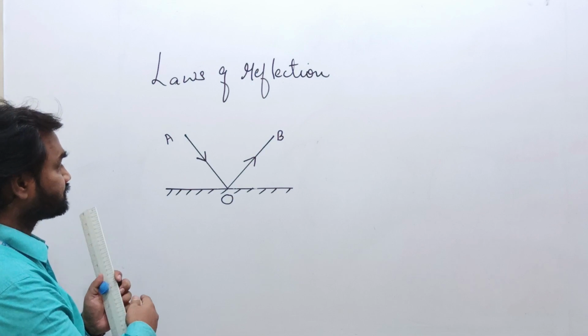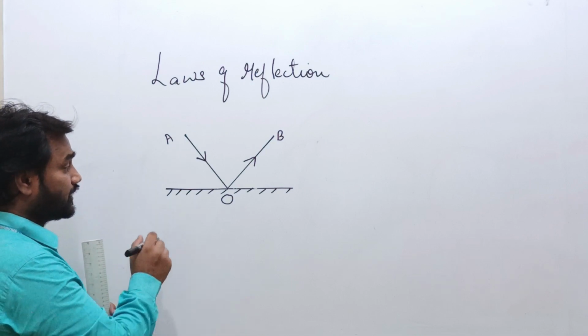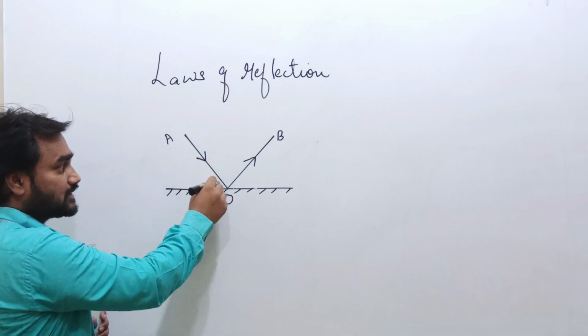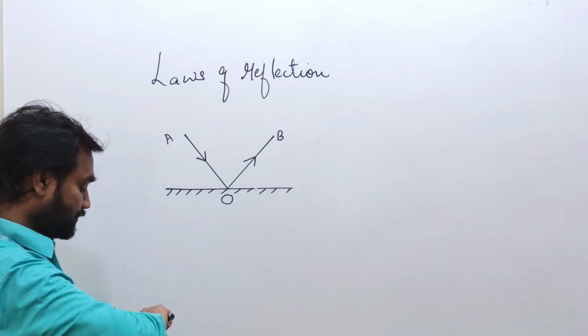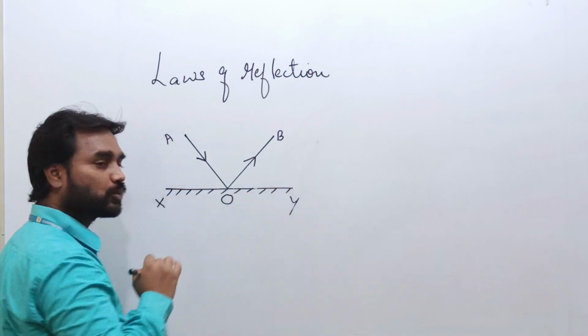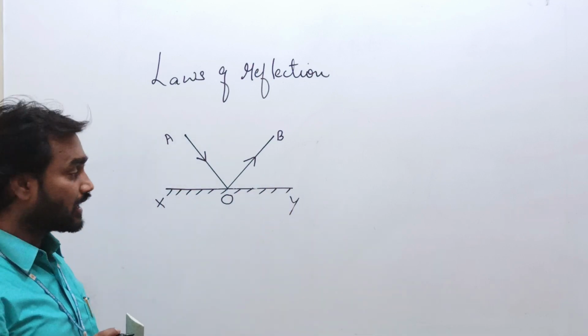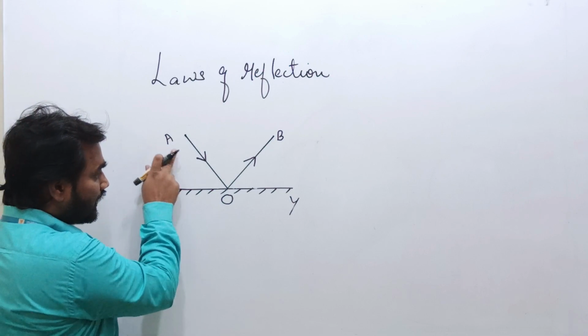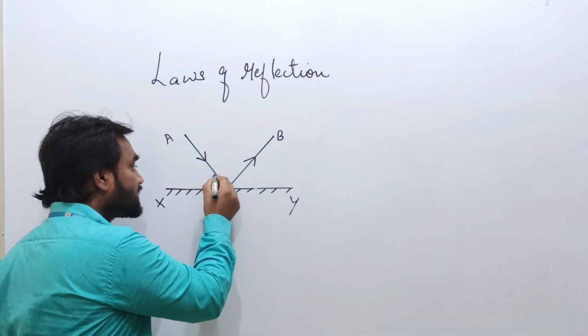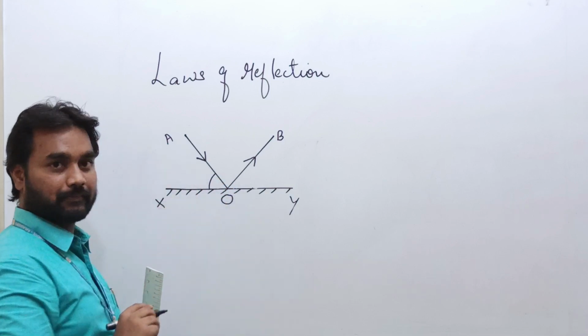Now, suppose I name the surface as XY. This angle AOX is called the surface angle or glance angle.